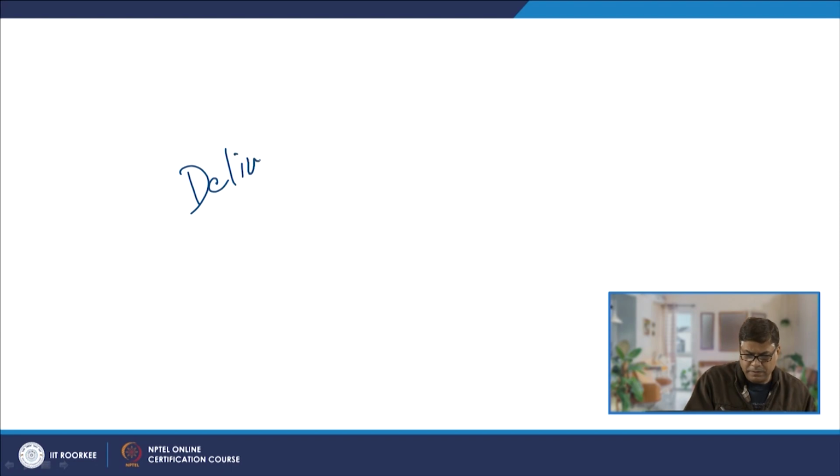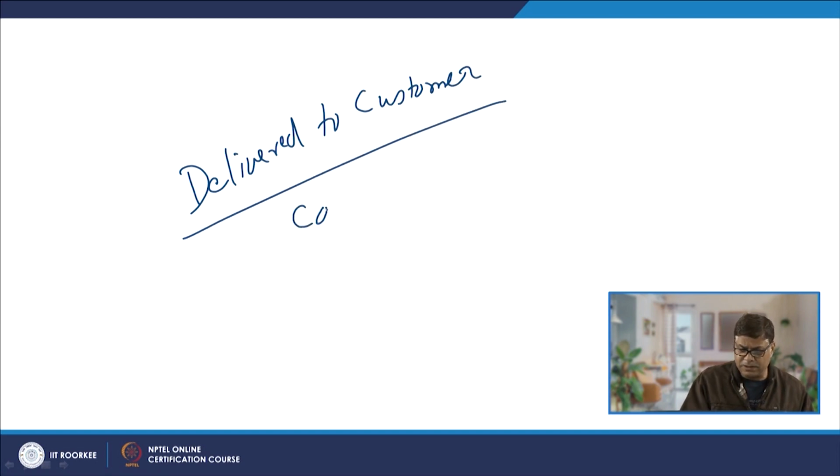So, the cost at which the product is being delivered to the customers, the cost of delivery of the product to the customers, that should be the minimum.